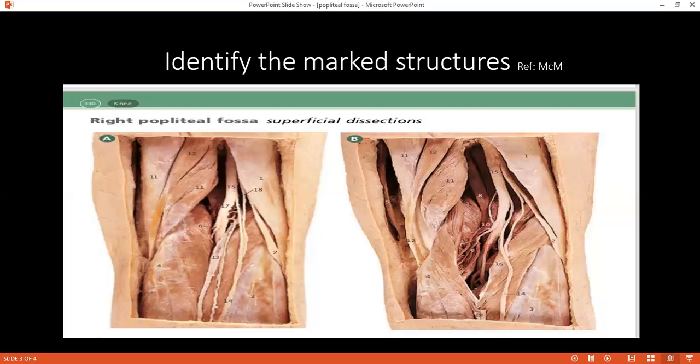How would you confirm if a patient presents with anterior cruciate ligament rupture, ACL injury? In that case, what would be the history that the patient will tell you?